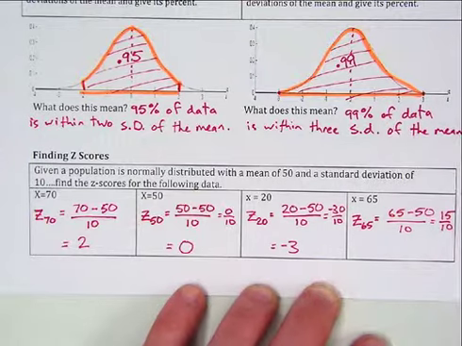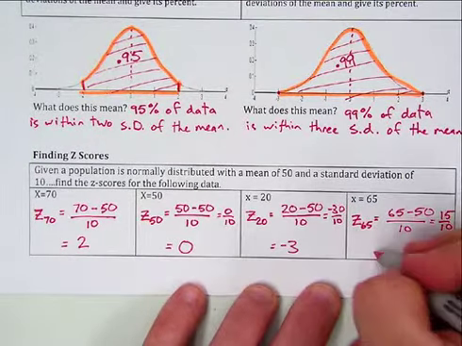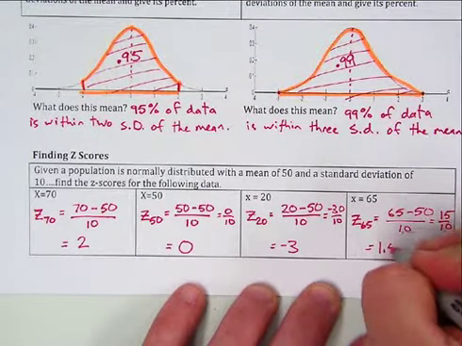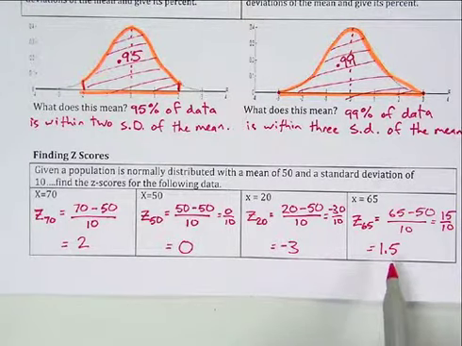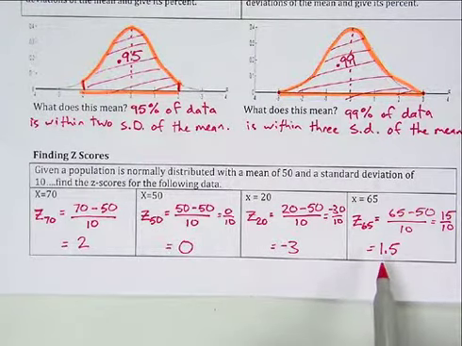We get 15 over 10, which is 1.5. And we did expect a positive, and we got it there. This also shows you that your z-scores don't have to be even numbers or whole numbers. They can be decimals as well.